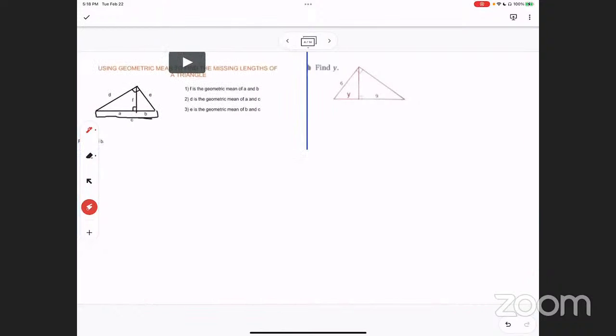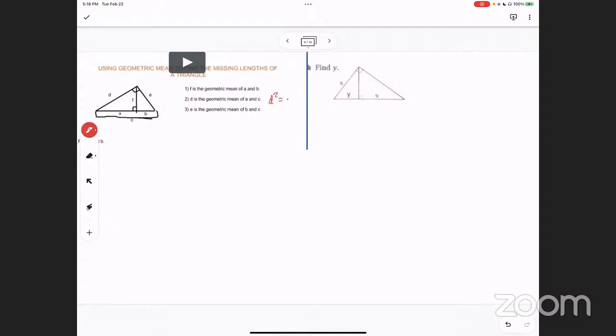So tell me what formula I can write. I'll do this one, and then you can do the next one. Okay. So what this is saying is that E, or one of the sides, is the geometric mean of the full hypotenuse and the piece of the hypotenuse closer to it. So that means E squared equals C times B, or D squared equals C times A. That's what that means. Okay. So I'll write them here.